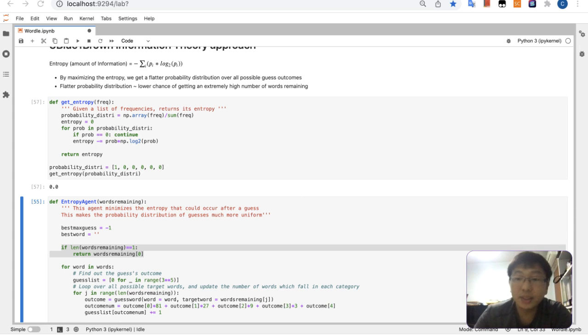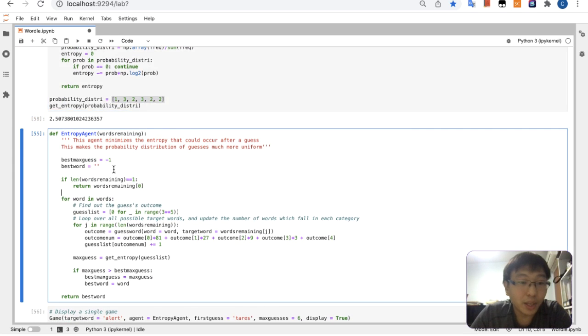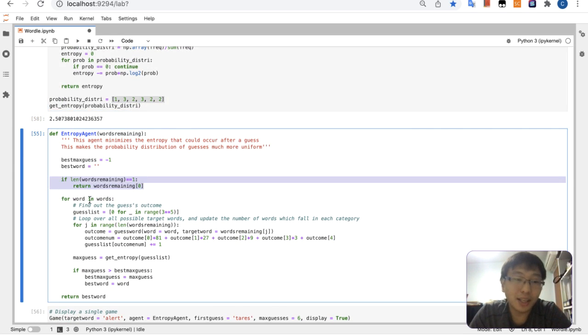Yeah, it will always be zero for any word. So that's why it will just pick cigar or something. If there's only one word left, we don't need to gain any form of entropy anymore. We don't need to gain any information anymore.